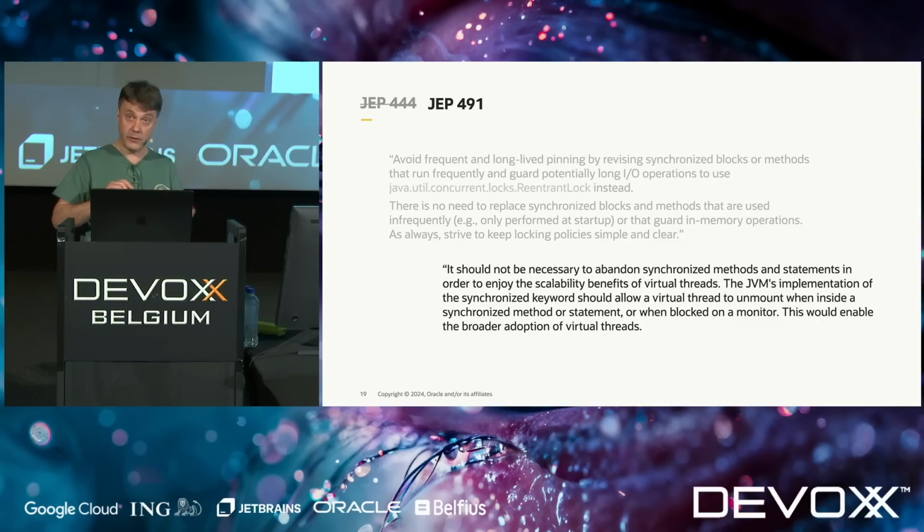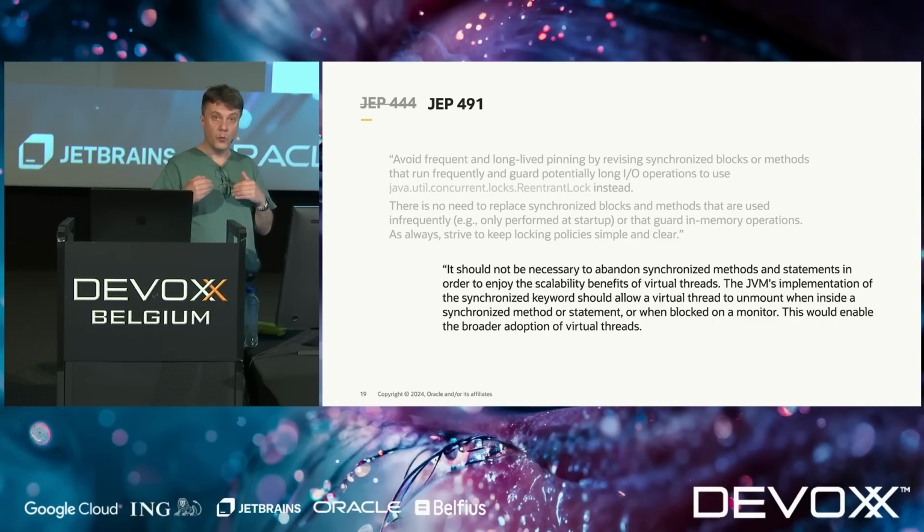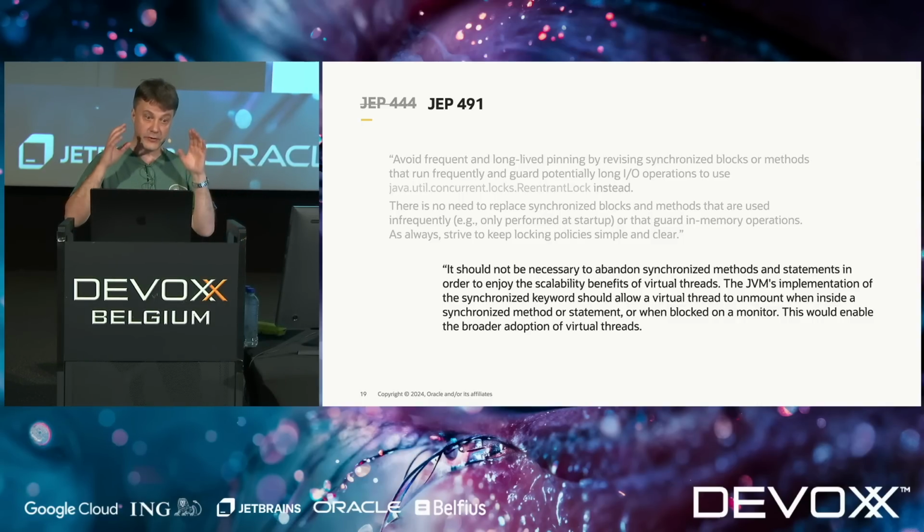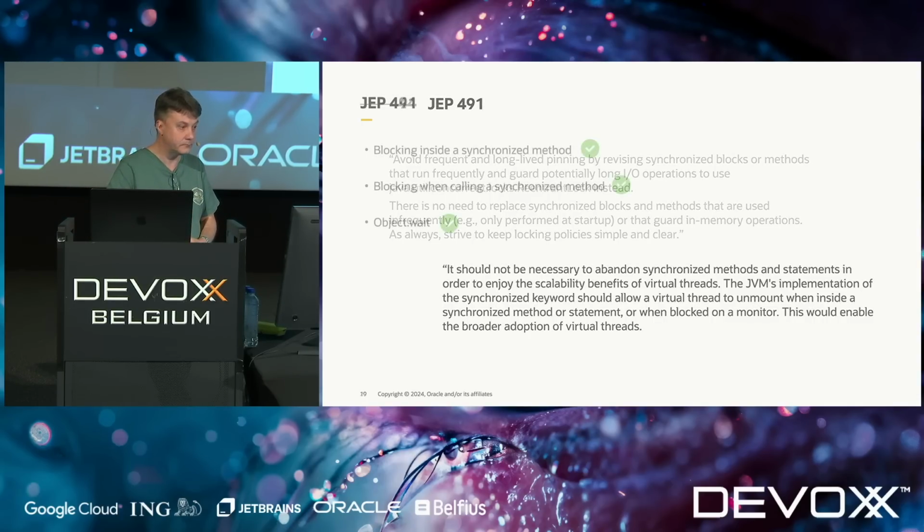In this JEP 491, we have put a statement: it should not be necessary to abandon synchronized methods and statements in order to enjoy the scalability benefits of virtual threads. So what we want to do is address this issue so that you don't have to migrate code. It's embarrassing that you have to migrate code in order to get this to work.